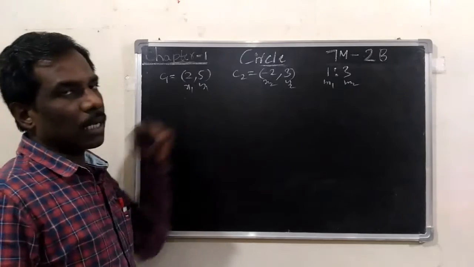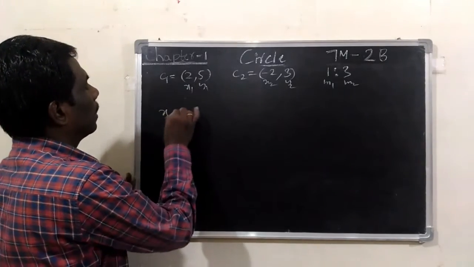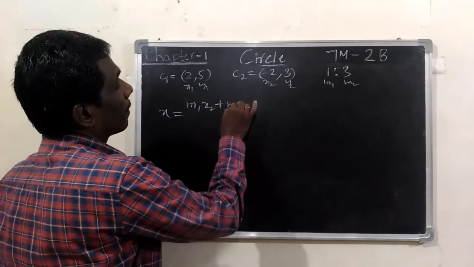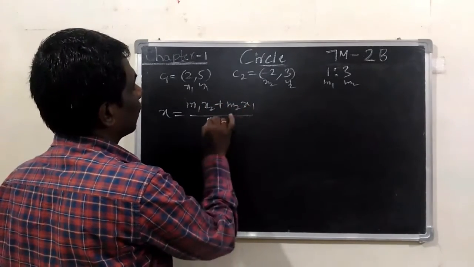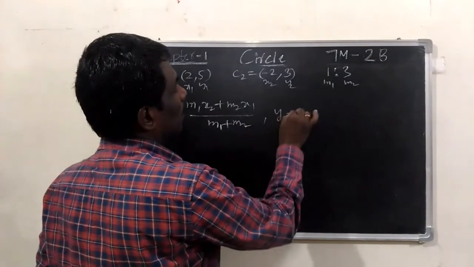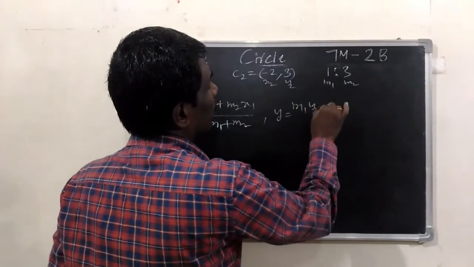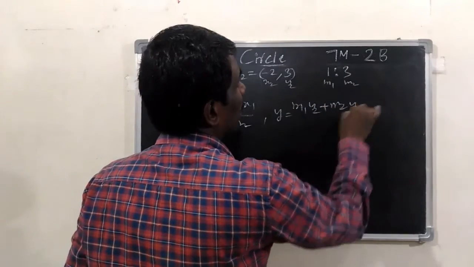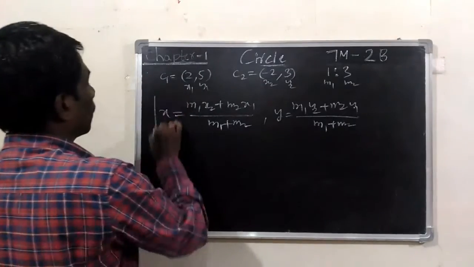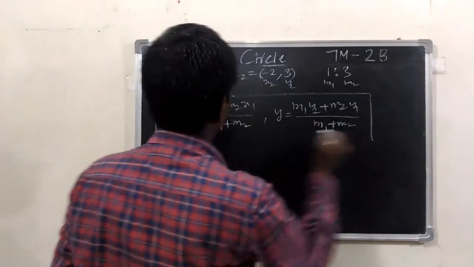Now I am substituting these values in the internal division formula. X equals (M1 X2 plus M2 X1) by (M1 plus M2) and Y equals (M1 Y2 plus M2 Y1) by (M1 plus M2). Box this.